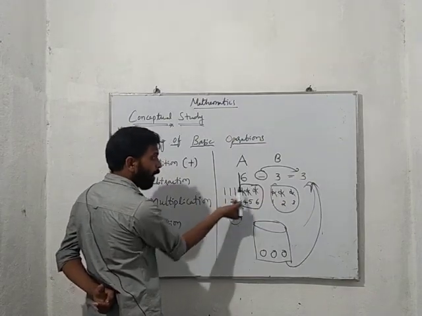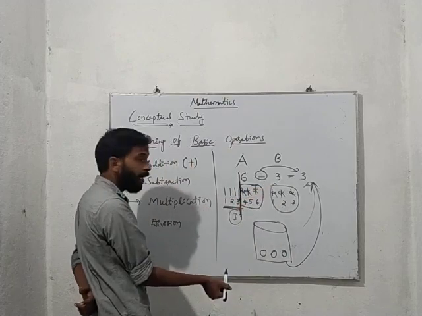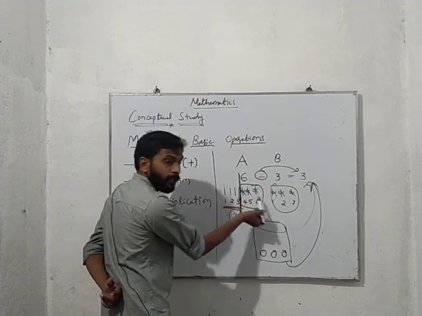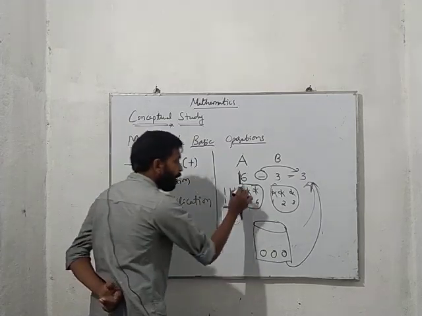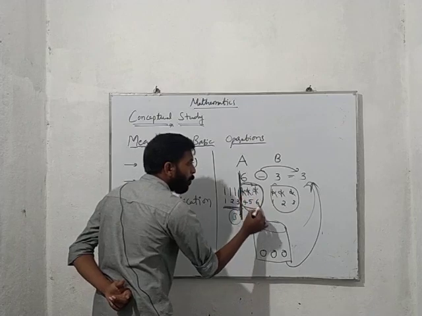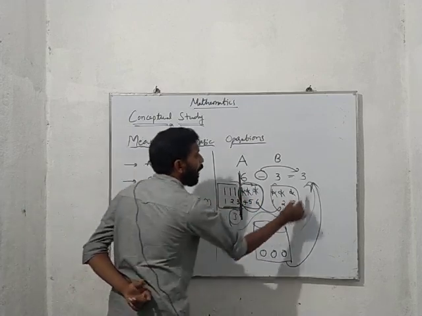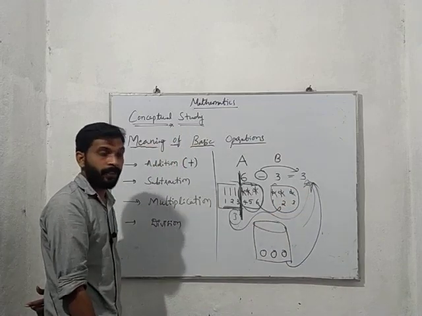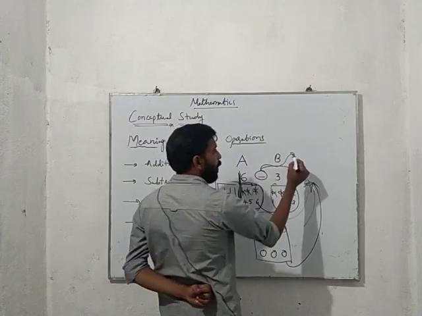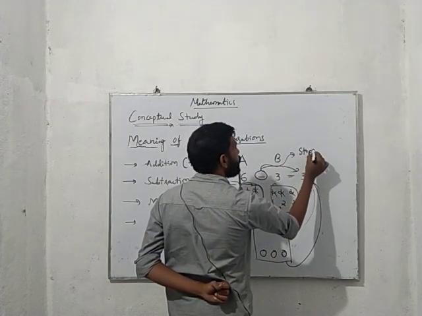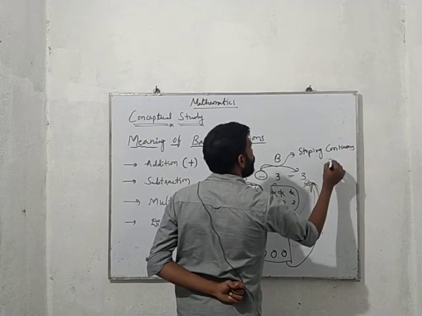Initially we counted chocolates for A up to 6, but because of this symbol and this 3, we are stopping the continuous counting from 1 to 6 at 3 only. Why? Because these 3 are going to be removed, so that the remaining numbers are the final answer. That's why from here we can understand the meaning of minus is stopping continuous counting.